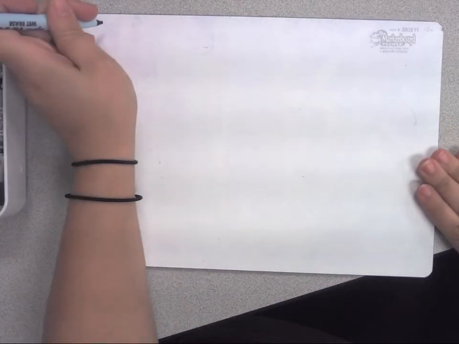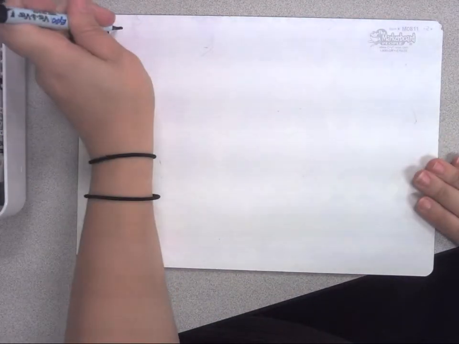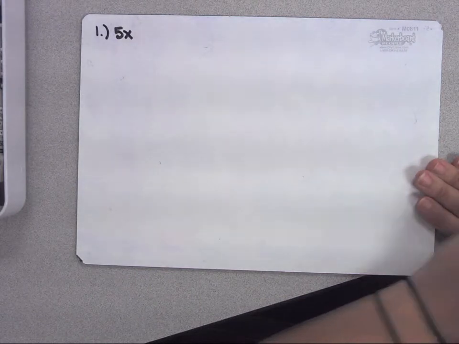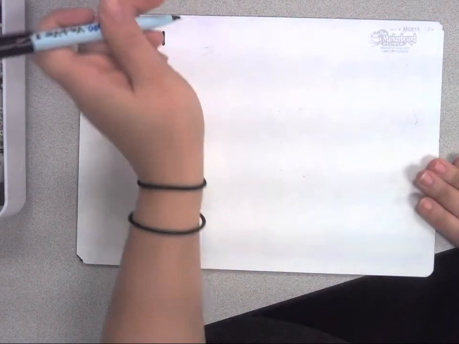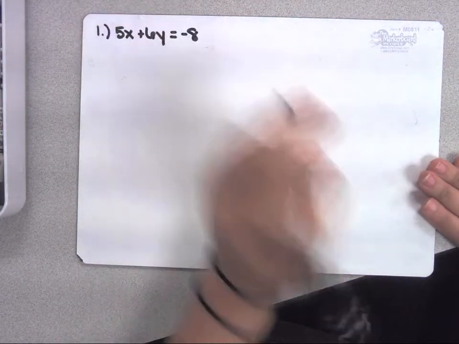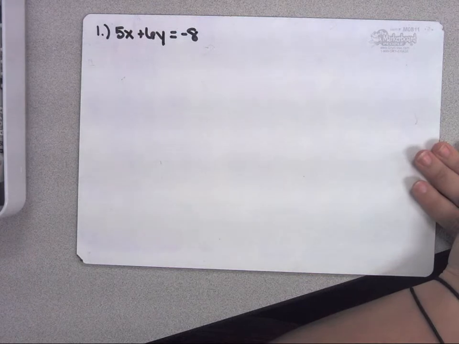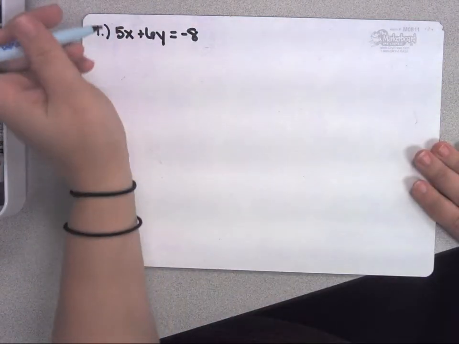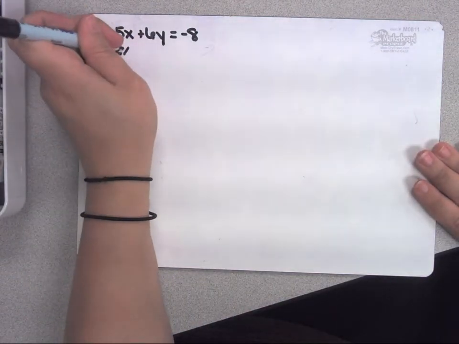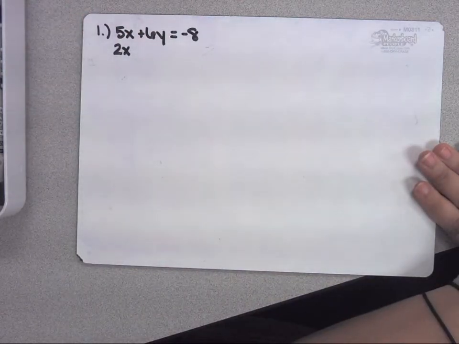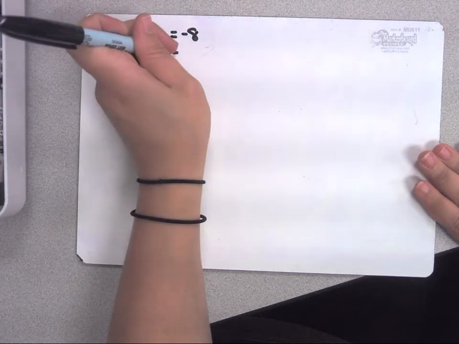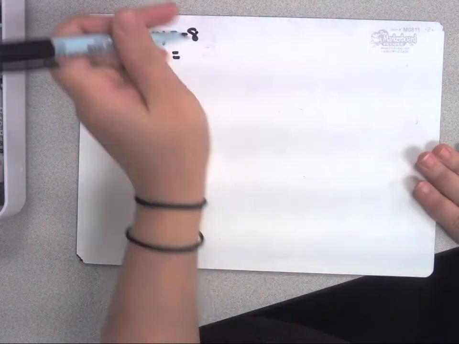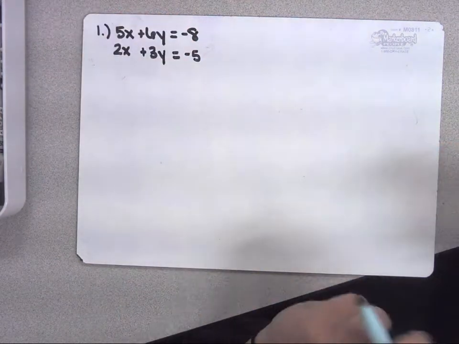So, first example. 5x plus 6y equals -8. Second equation, 2x plus 3y equals -5.